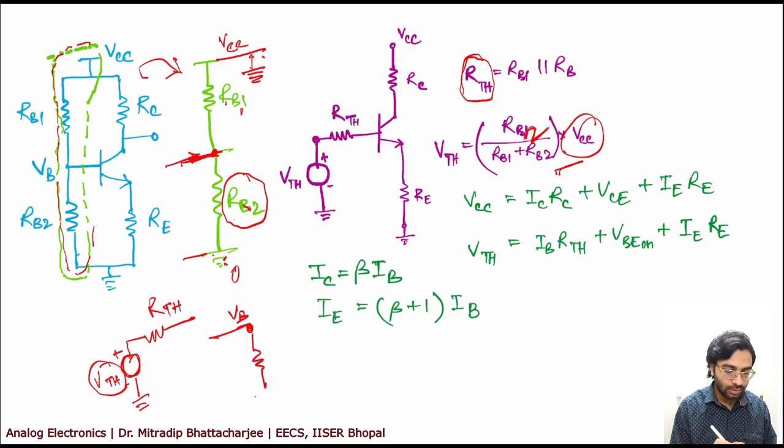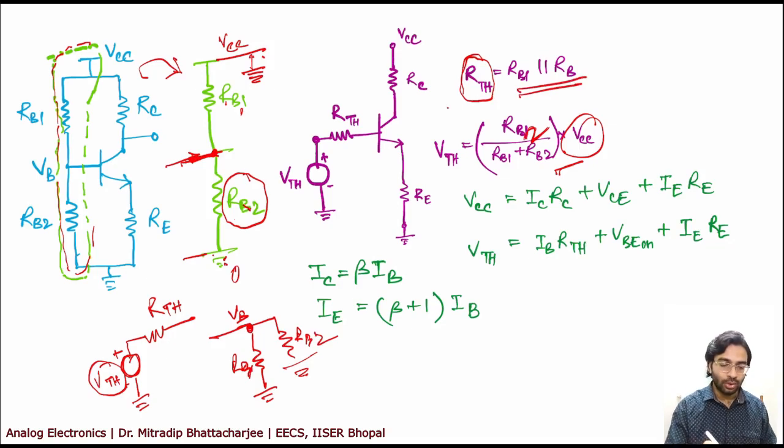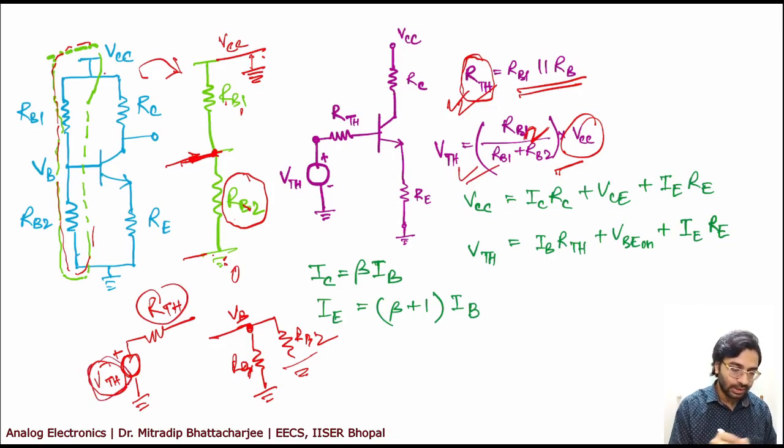This is your RB2 grounded, and you have another resistance that is also grounded because you have shorted. This is the rule. When you try to find the Thevenin's equivalent resistance, you short the voltage source. So your RB1 and RB2 both are parallel. So you got RTH, you got VTH, these two values, and now connect the rest of the circuit with this.